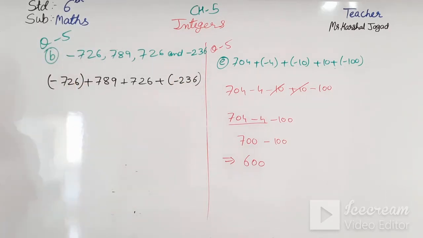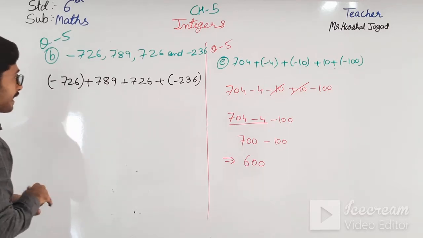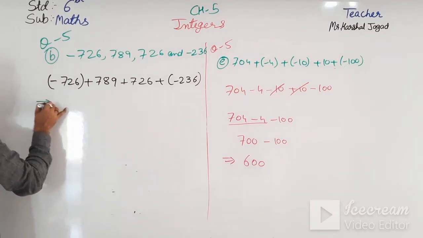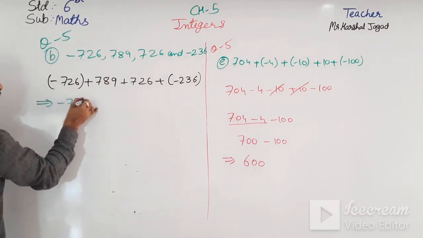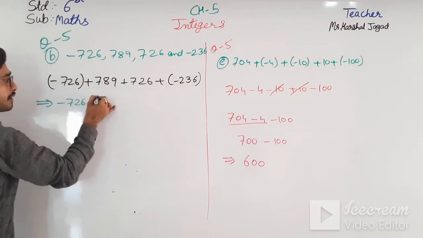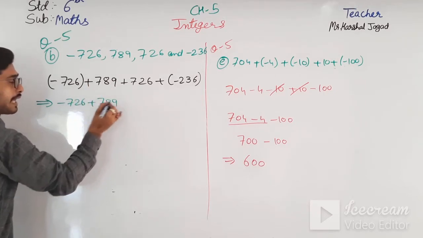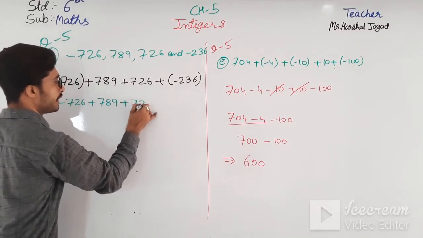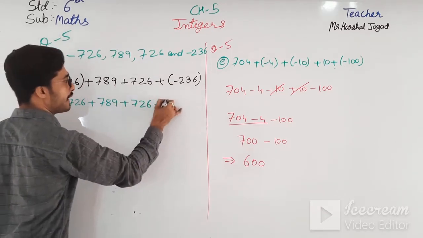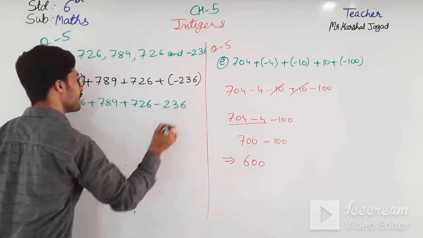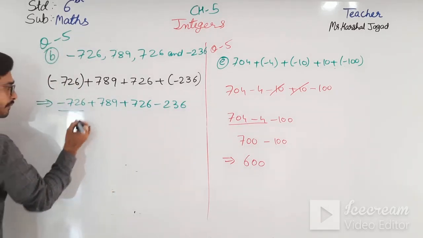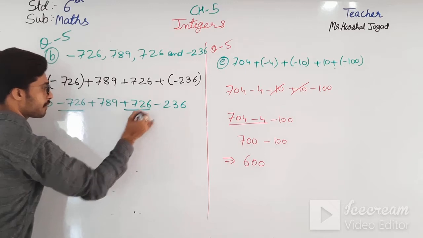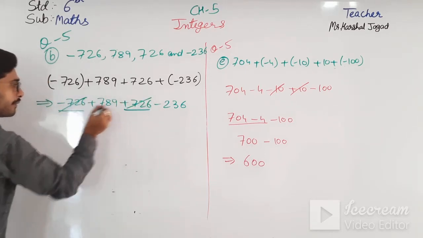Okay, moving to another step: minus 726 plus 789, then comes plus 726 plus minus minus 236. Here you can see this is minus 726 and this is plus 726, then it will be 0.